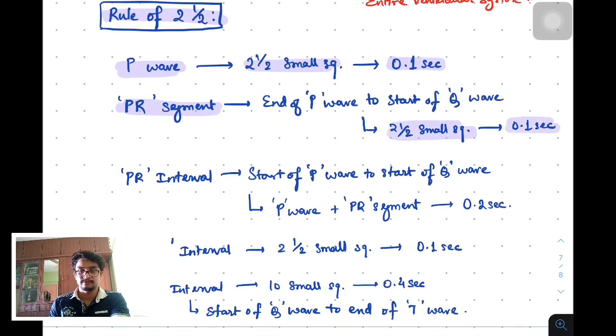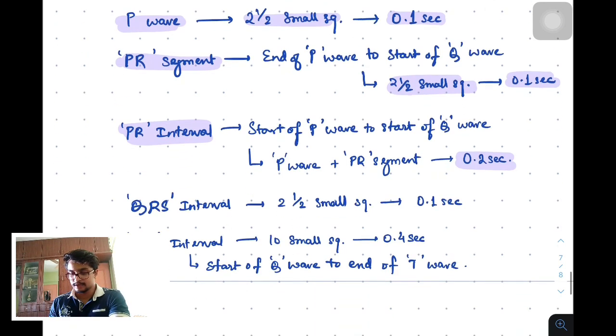So the P wave and PR segment are 0.1, 0.1. When you add the P wave and PR segment, we get the PR interval, so 0.1 and 0.1 is 0.2. So the PR interval is 0.2 second. Then the QRS interval is another 2.5 small squares, so this will again be 0.1 second.